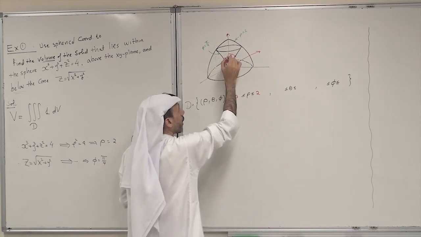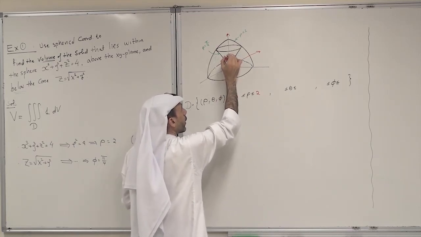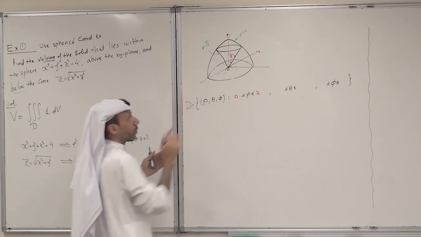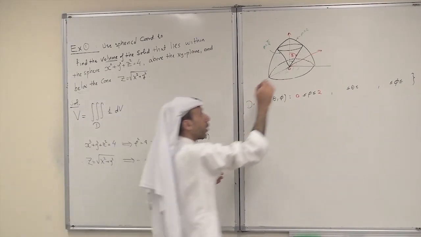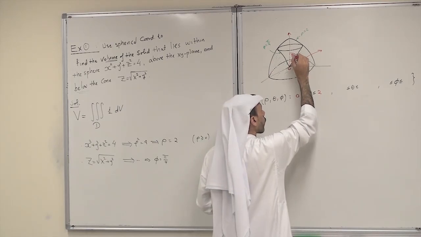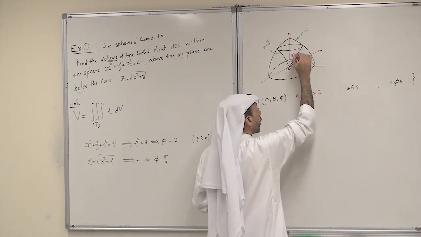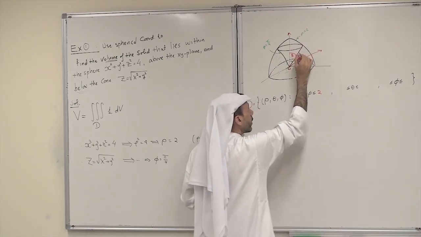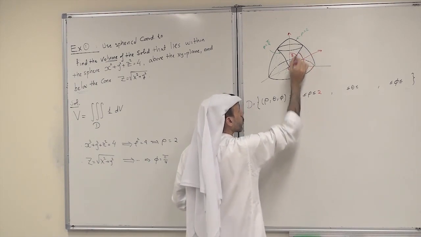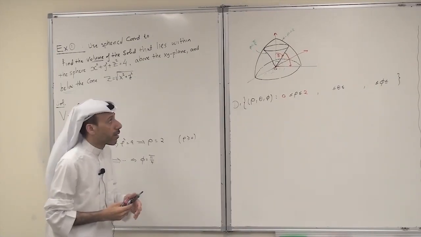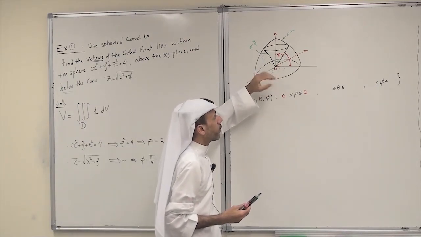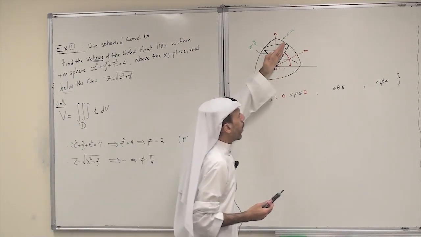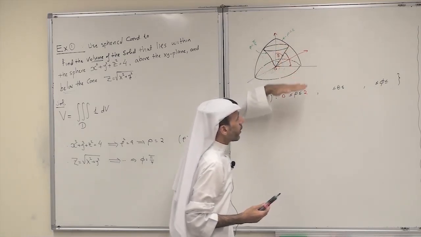None of the points are inside the cone, so none of the values from 0 to pi over 4 will be part of the range of phi. But I enter the solid at pi over 4, until the xy plane. So the points in the solid have the following range of phi: pi over 4 to the xy plane.